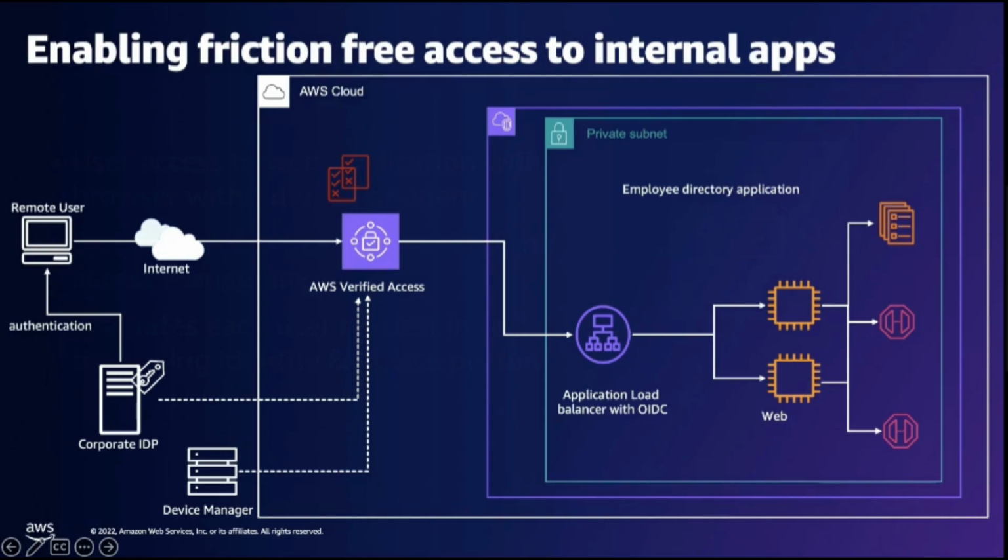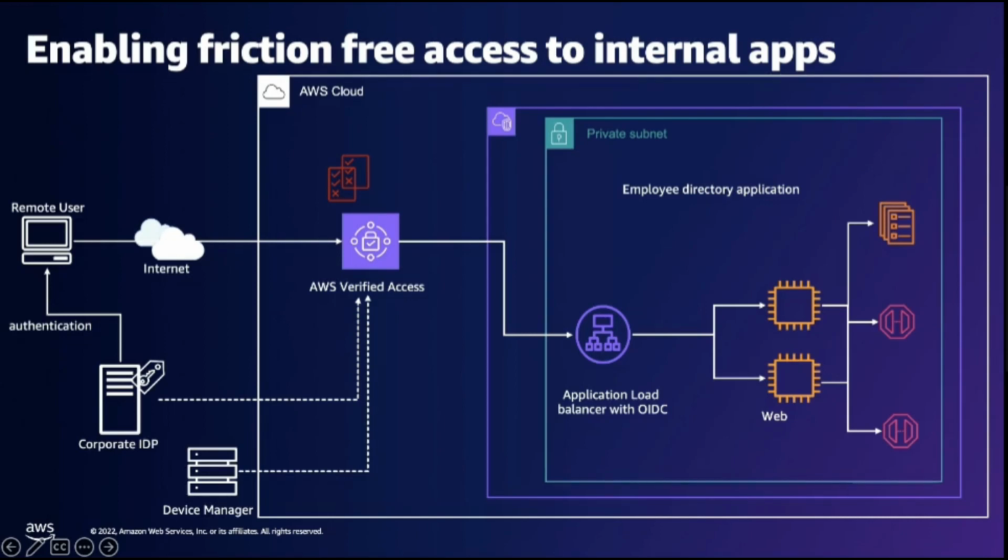But again, there has to be some sort of controls that you put into place to let your users authenticate. And that's where your corporate identity provider comes in. You still authenticate with your corporate identity provider. You get your tokens, or whatever protocol it supports. Then through that, you're able to access that application using Verified Access.